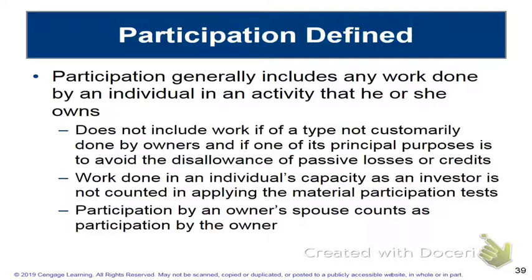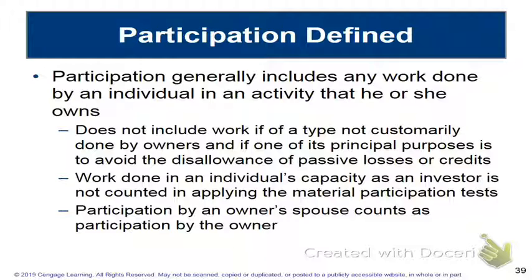Participation is defined as any work done by an individual in an activity that he or she owns. The work does not include any type of work not customarily done by owners, and if one of its principal purposes is to avoid disallowance of the credit. Meaning, you can't sit there and say to yourself, what do I have to do to make sure I get 500 hours?